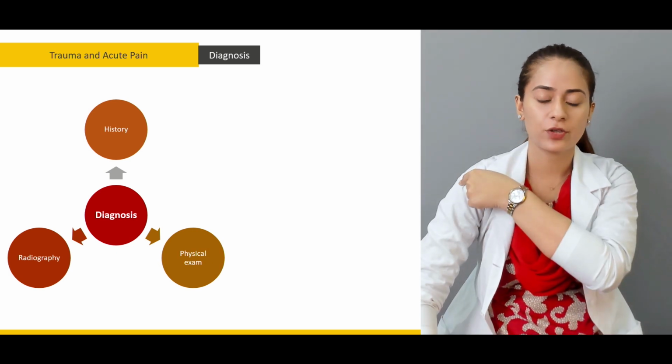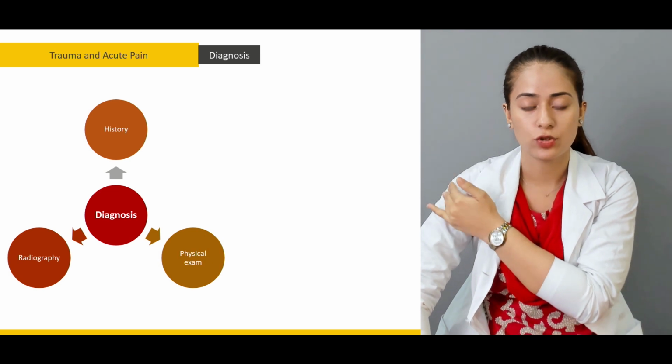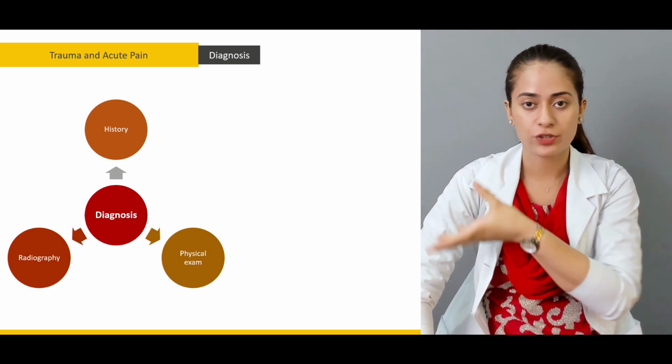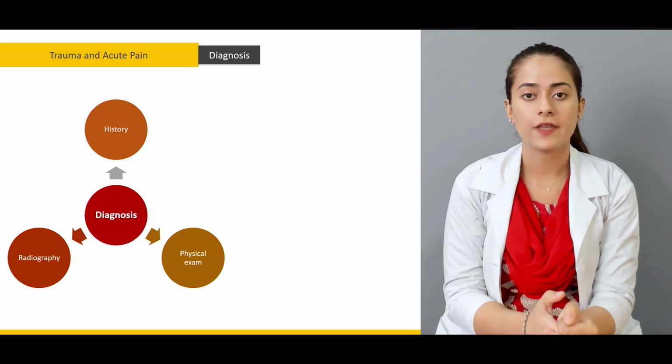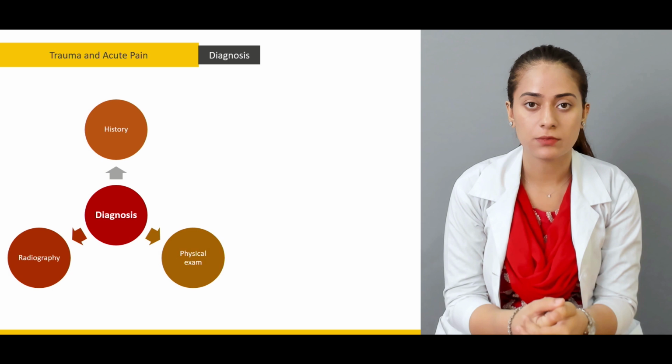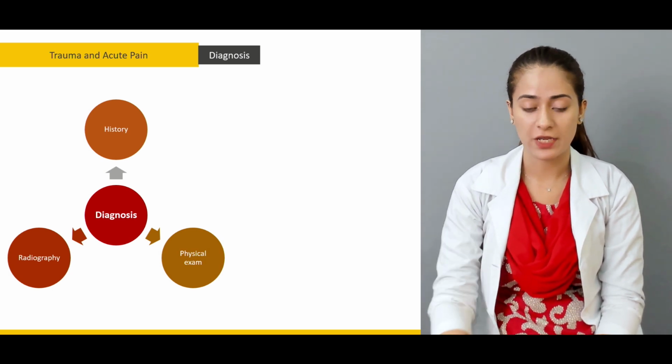Because the space between the humeral head and the acromion process decreases, if there is an impingement or a cuff tear or rupture, it will result in severe pain.